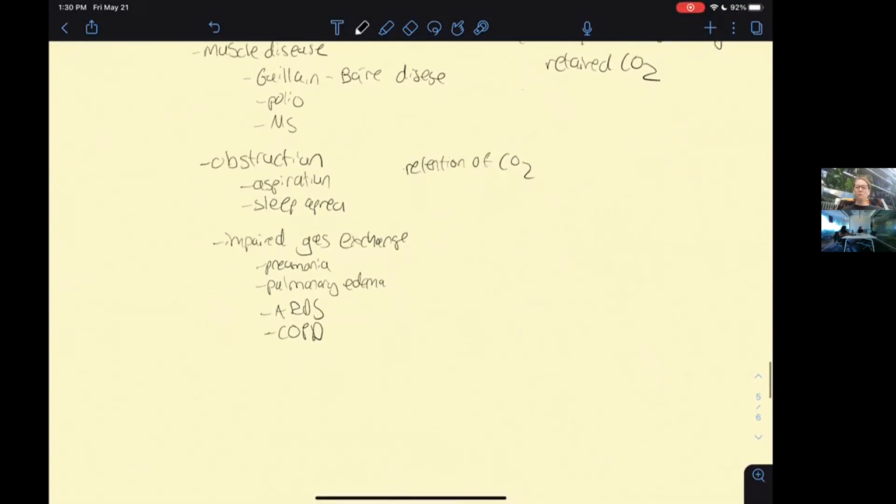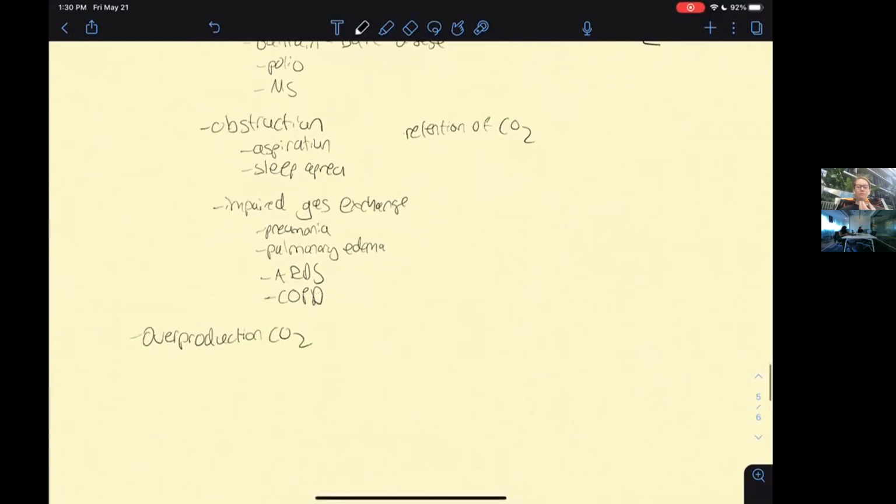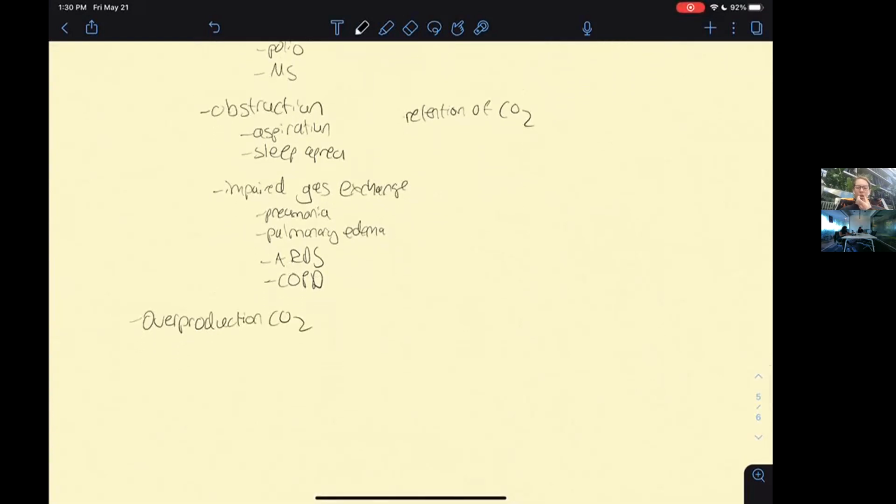And then the other way you can get respiratory acidosis is if you have overproduction of CO2 for some reason. So if you had sepsis is a good example. If you just have overproduction of CO2 due to whatever bacterial infection that is occurring in your body, you get respiratory acidosis as well.